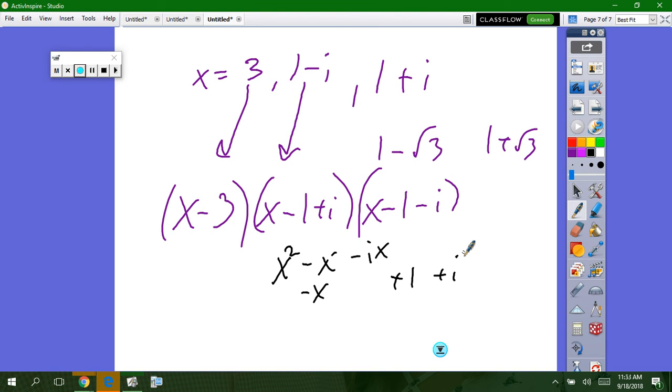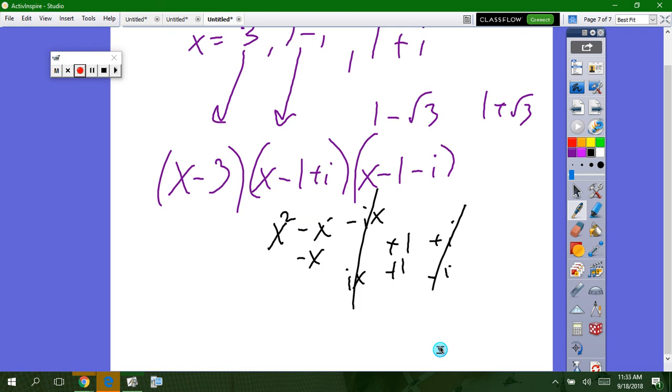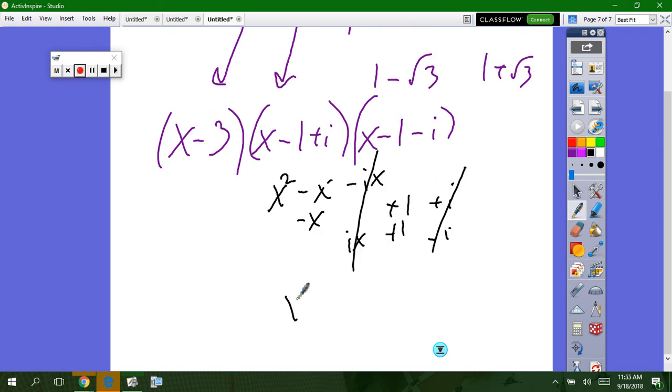I times x is ix. Notice those guys are gone, and they should be, because that's why we did conjugate. I times negative 1 is negative i. Should be gone. What's i times negative i? Negative i squared, which comes out to be positive 1, which is x squared minus 2x plus 1.